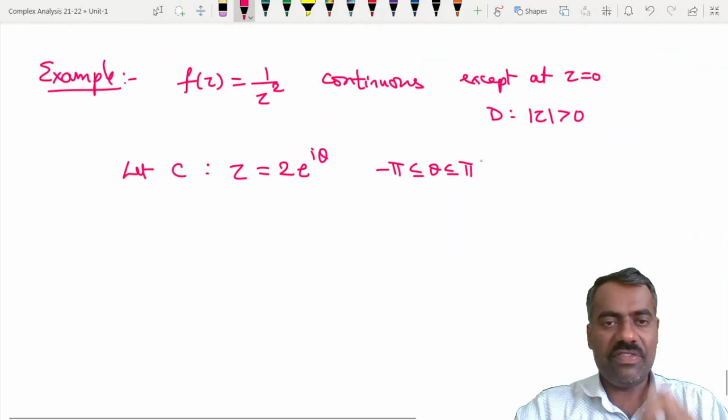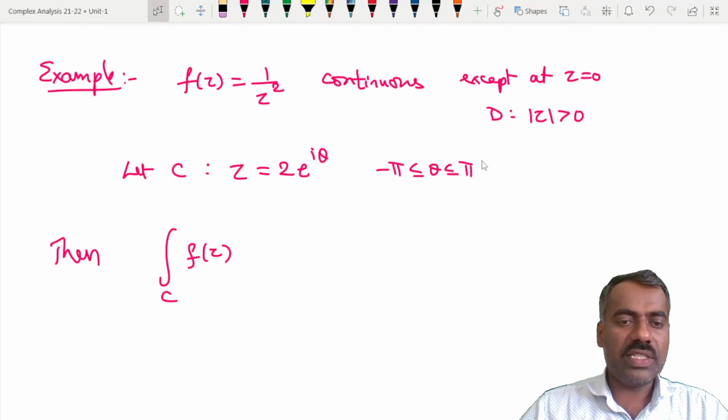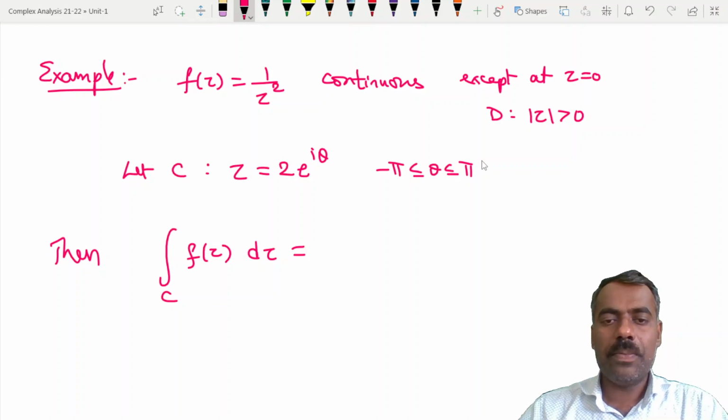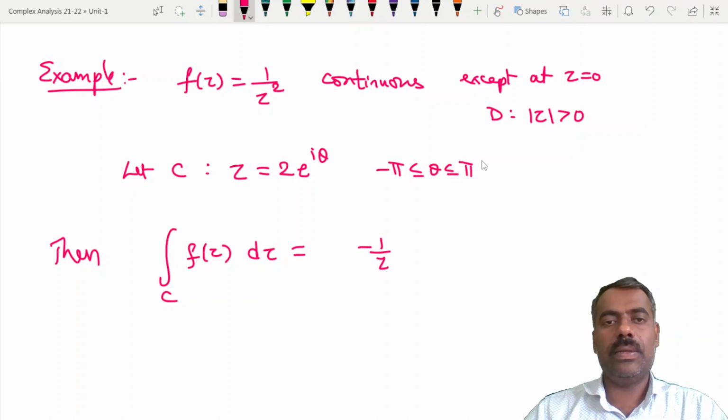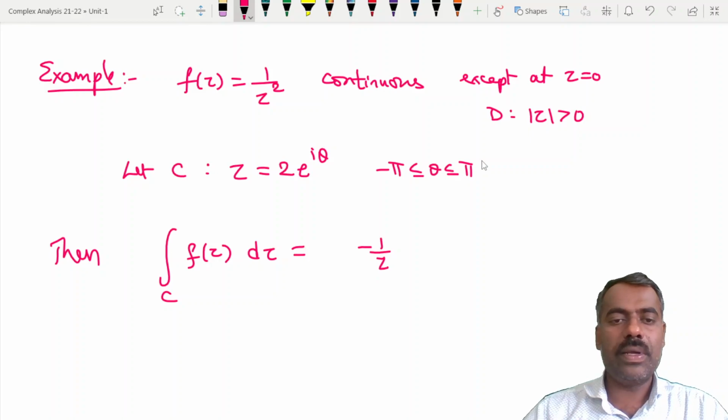Okay, fine. Then we can see that the integration of f of z over C dz is nothing but, because for f of z we have an antiderivative, namely minus 1 by z. If we take minus 1 by z, then this has an antiderivative. So therefore the integration of f of z dz is simply nothing but, since the starting point and end point are the same, you can use the third point of that theorem, and you can say that this value is equal to 0.